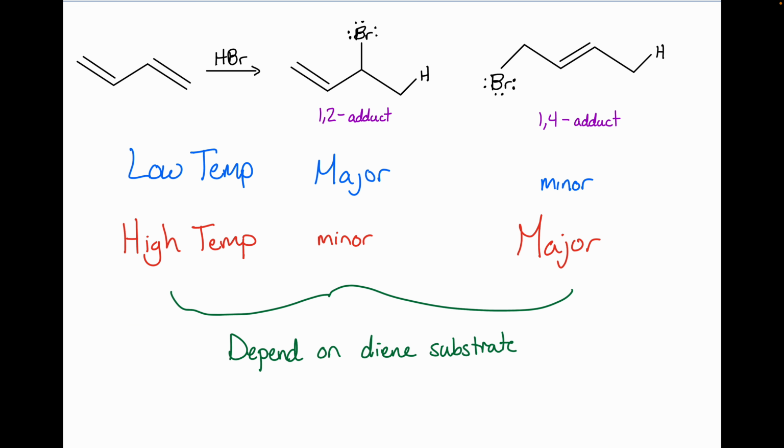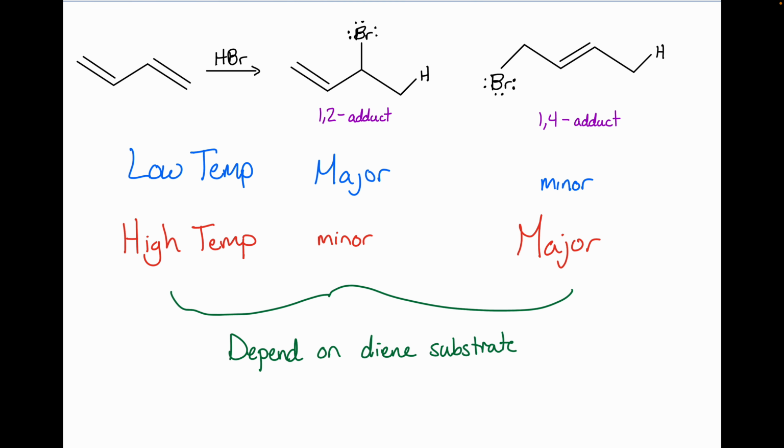But in general, we're going to have to pay close attention to our diene in order to figure out what this distribution is. So I just don't want us to get too married to this chart like it's always true. It's true for this particular substrate. What we're going to learn is what to look out for in terms of what these distributions are. Okay, let's first try to understand why this is true for our 1,3-butadiene.